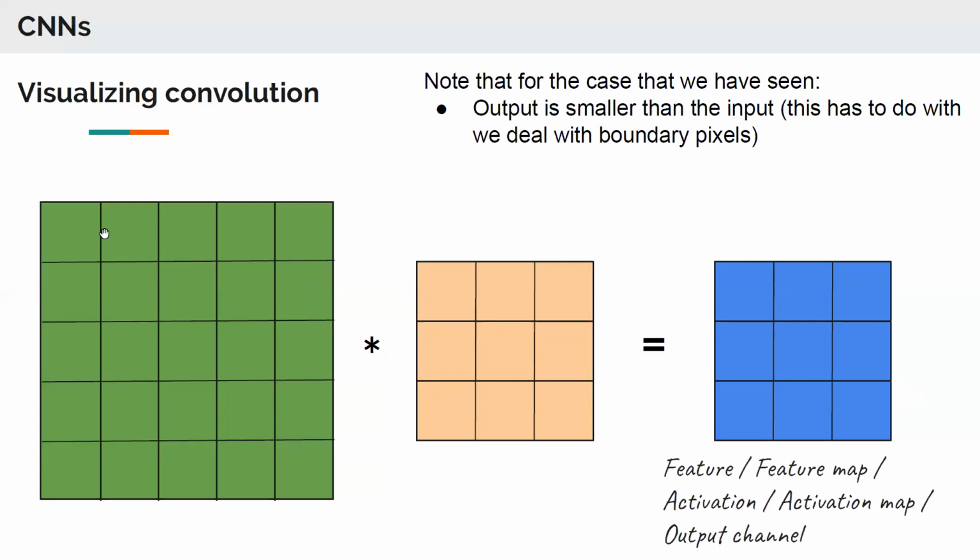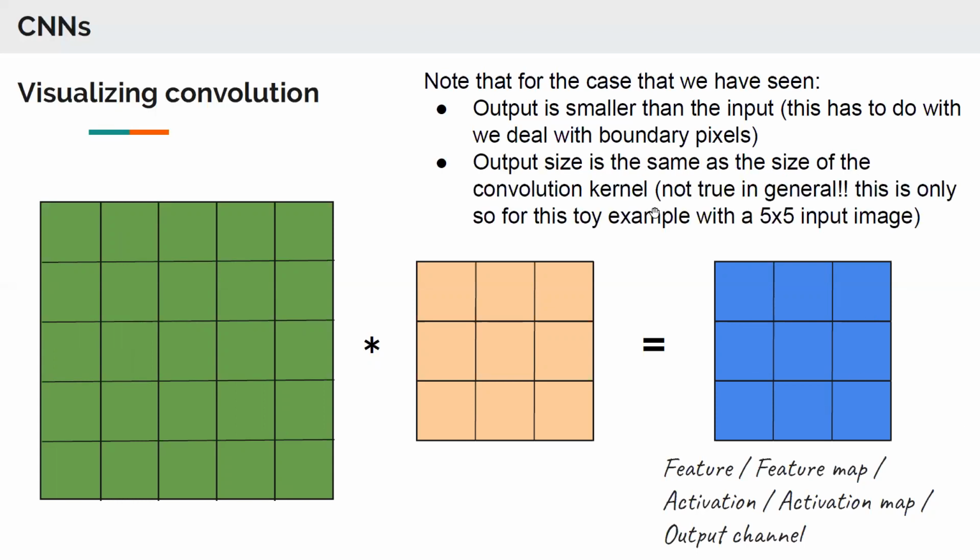We could not center it on the boundary pixel, because if we had done that, then our kernel would go like this, and then it would be placed in such a way that there would be no image pixels here to take the dot product with, right? So because we could not use the boundary pixels, they are discarded, and we end up getting a smaller image in the output.